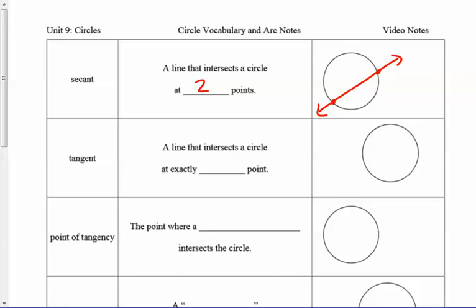Intersects the circle at point A and point B, then it is a secant. Secant is a line, right? So I would call this line AB, right? Line AB is a secant.